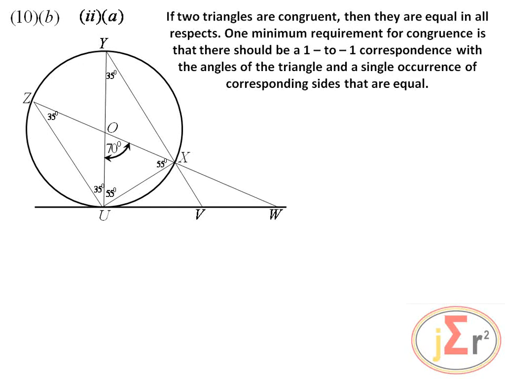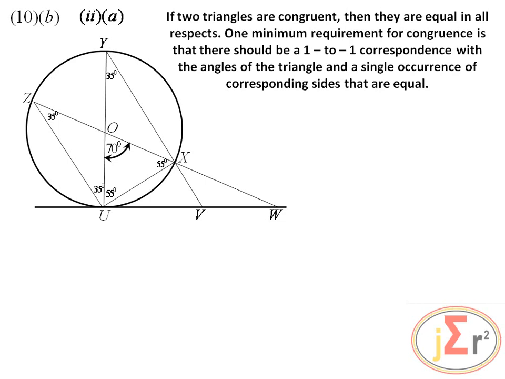One minimum requirement of congruence is that there should be a one-to-one correspondence of the angles of the triangles and a single occurrence of corresponding sides that are equal. Let us use an argument: both triangles should have an equal 30 degrees angle, an equal 60 degrees angle, and an equal 90 degrees angle.